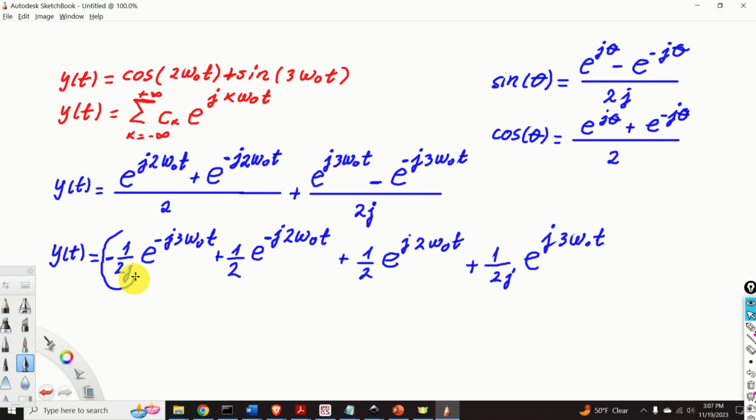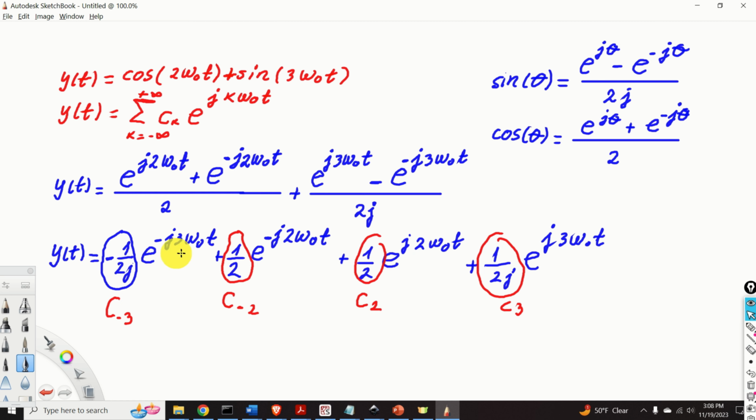This coefficient over here is c minus 3 coefficient. This coefficient over here is c minus 2 coefficient. This coefficient is c2 coefficient, and this coefficient is c3 coefficient.